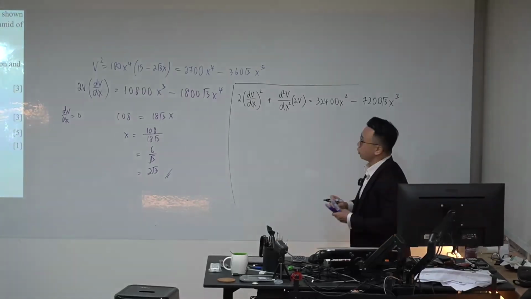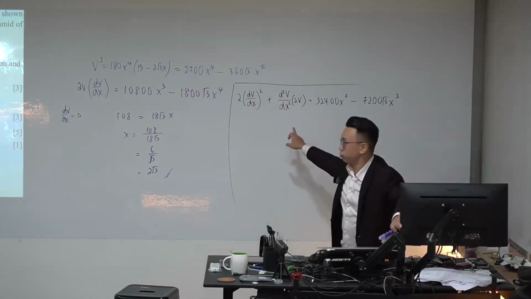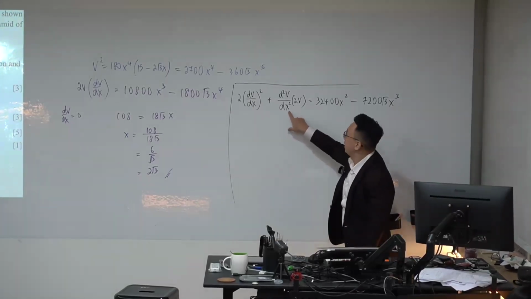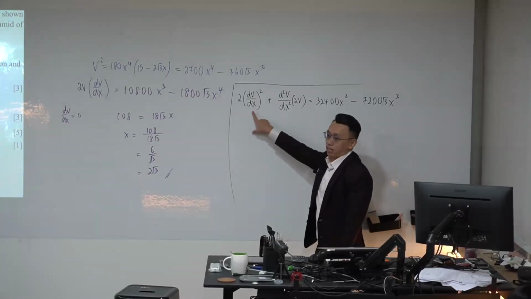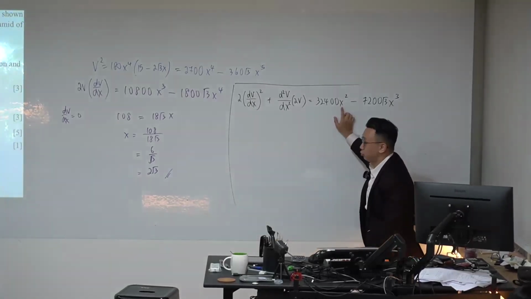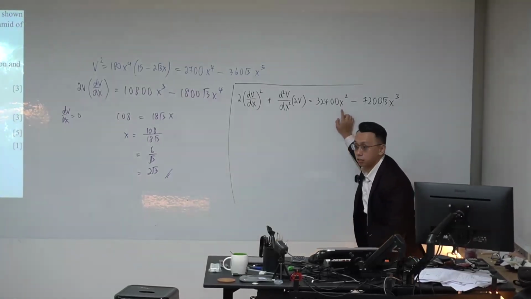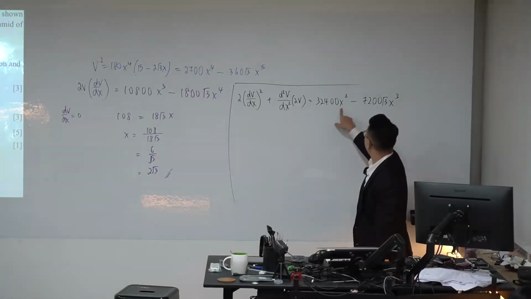Now watch this. Now you want to find the value of 2v d squared v over dx squared. But take note, dv/dx is 0, right? Then x is 2 root 3. You can press the calculator, this minus this.